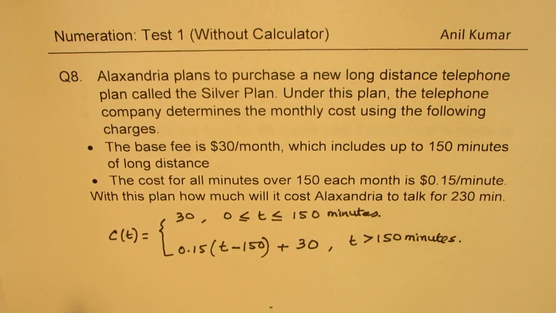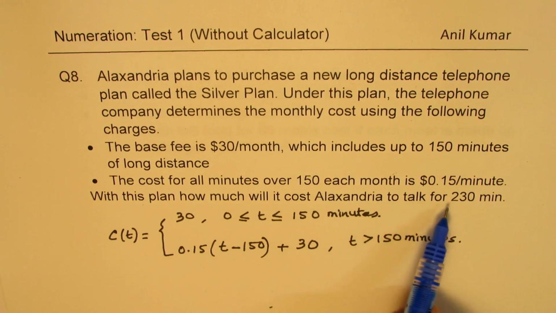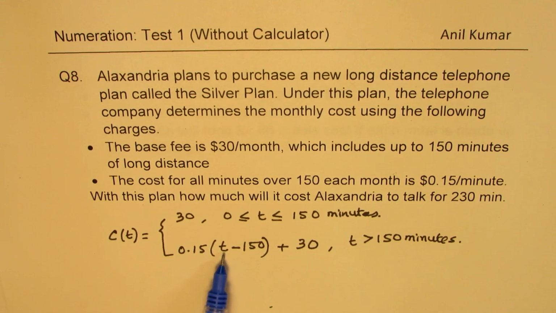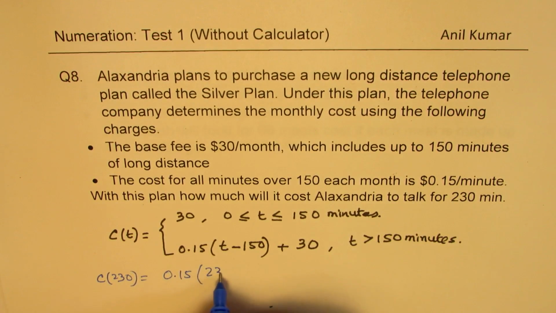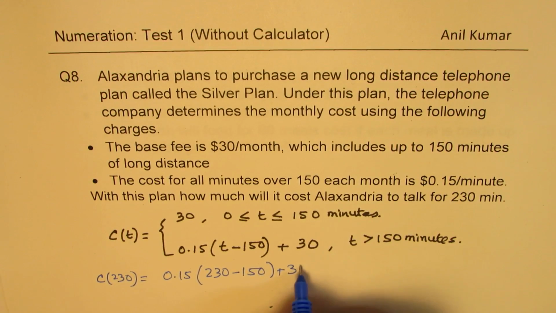Is that clear? Now the question here is, with this plan, how much will it cost Alexandria to take 230 minutes? So we can substitute 230. So cost for 230 minutes will be 0.15 times 230 minus 150 plus 30, correct?